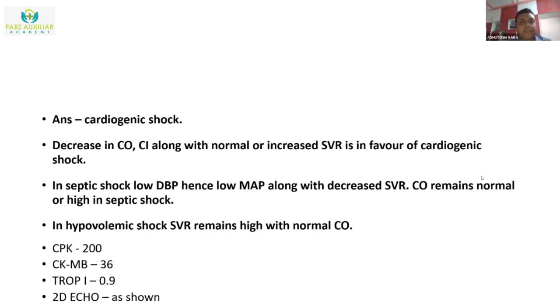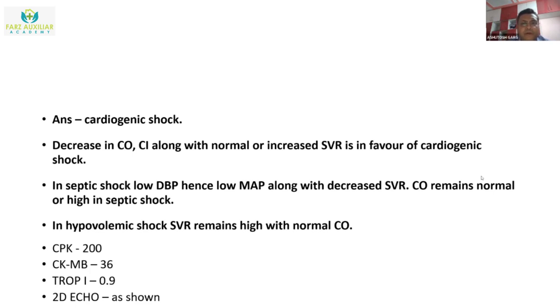But in cardiogenic shock, there is decrease in cardiac output and cardiac index, along with normal or increased SVR. Or you can say if filling pressures are high, then it's cardiogenic shock. In septic shock, low diastolic blood pressure, hence low mean arterial pressure, along with decreased SVR. Cardiac output remains normal or high in septic shock.